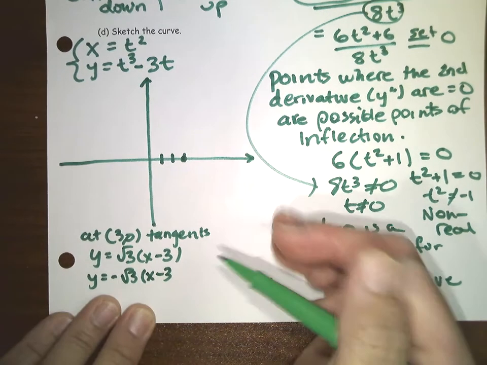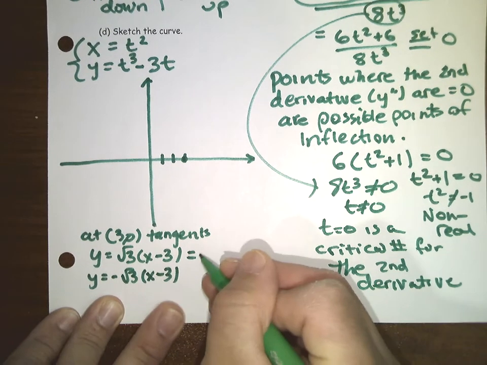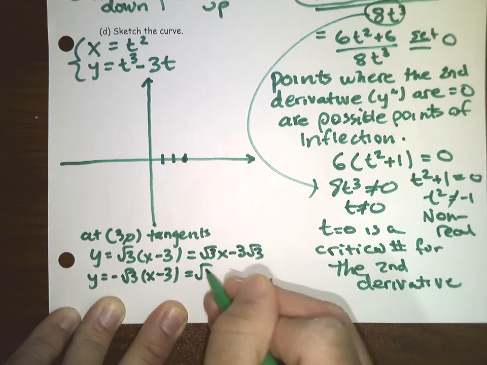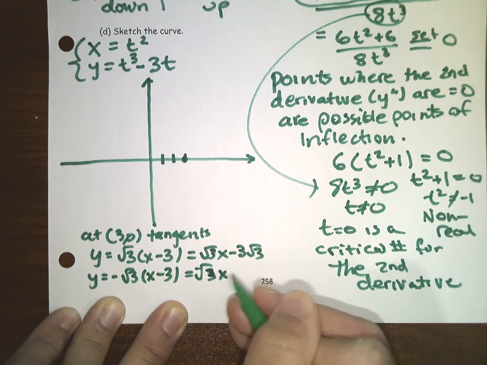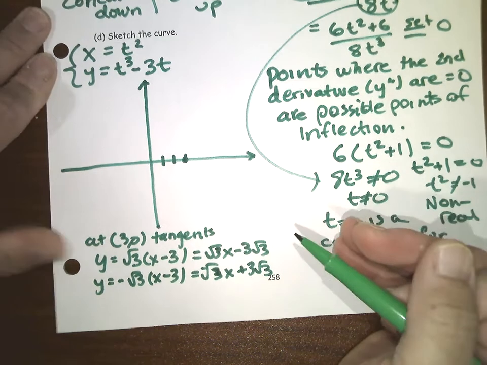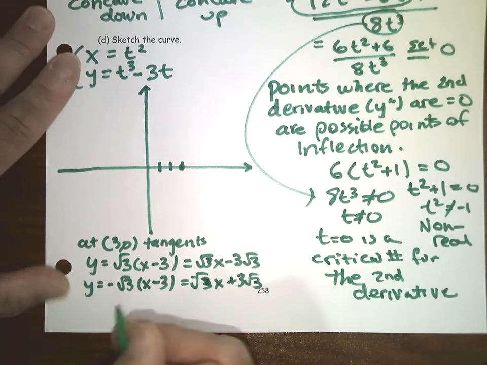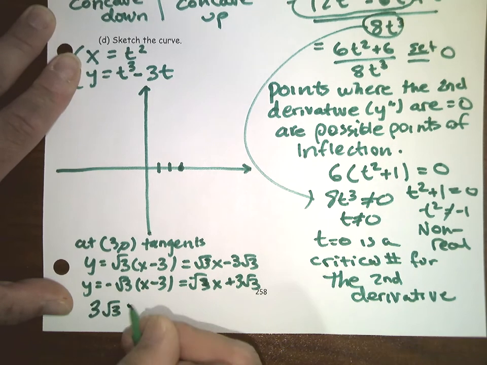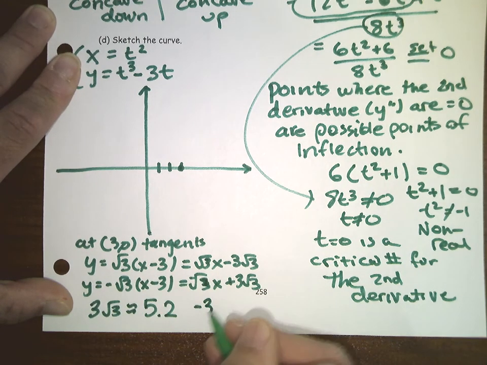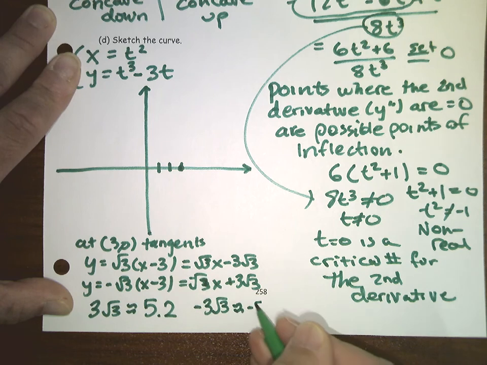So this will be square root of 3 x minus 3 square root of 3, and negative square root of 3 x plus 3 square root of 3. The one thing that might help you graph this more easily is to know that 3 square root of 3 is about 5.2 and negative 3 square root of 3 is about negative 5.2.